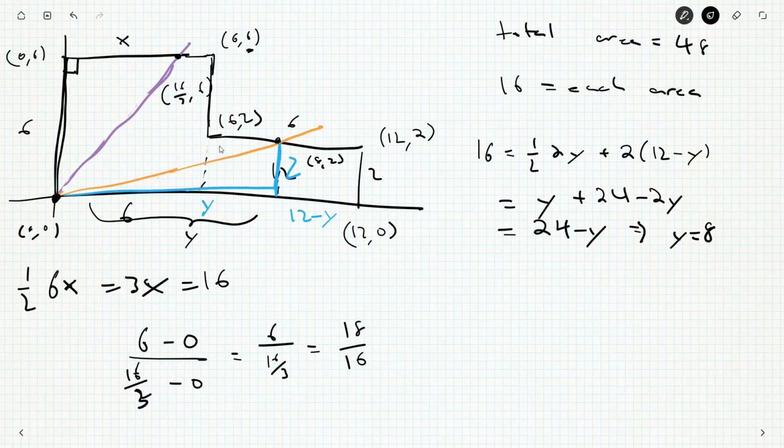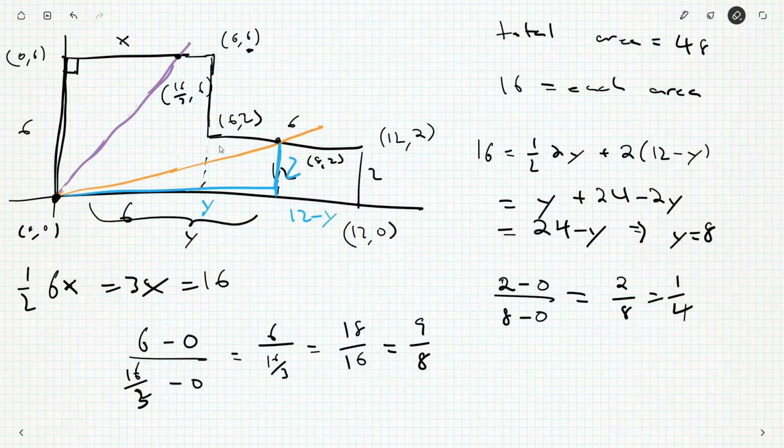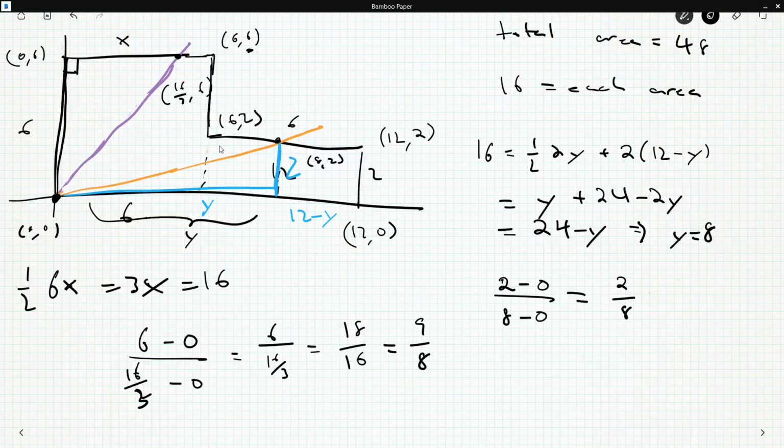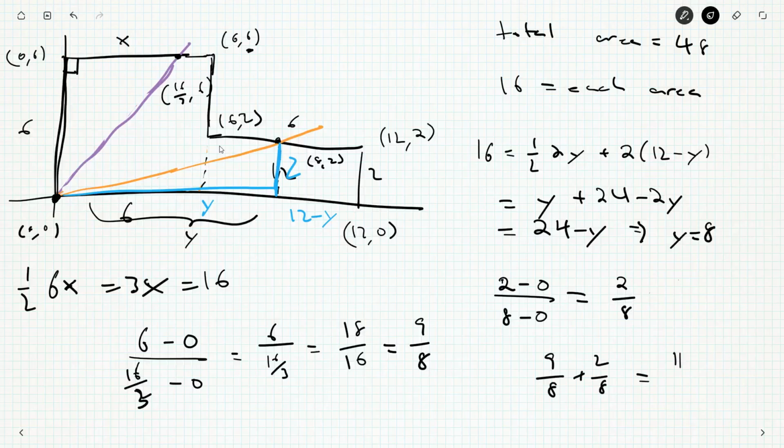And for our other one, we rise up by 2 and run by 8, so that'll be 2 over 8, or 1/4. And this could be simplified to 9/8. I'll leave it as 2/8, which makes it easy to add them up. And we did want the sum, right? Not the difference. The sum of the slopes of the lines will be 9/8 plus 2/8, and that's going to be 11/8.